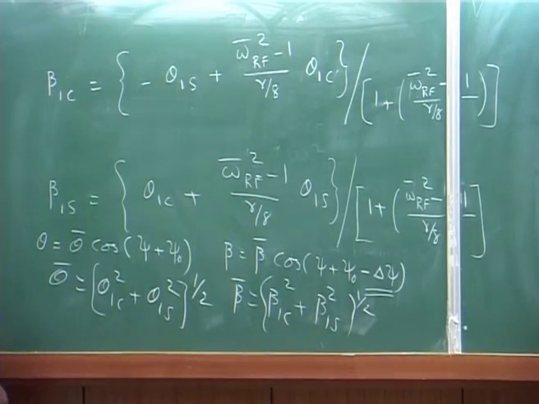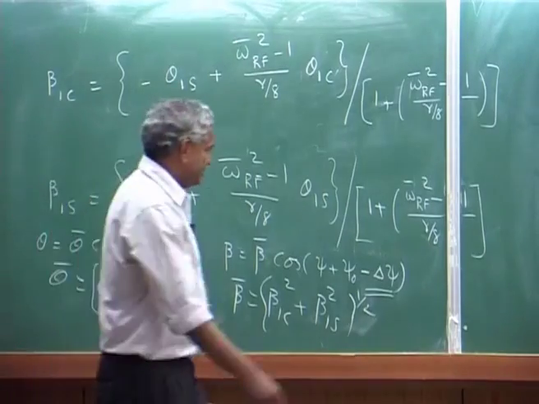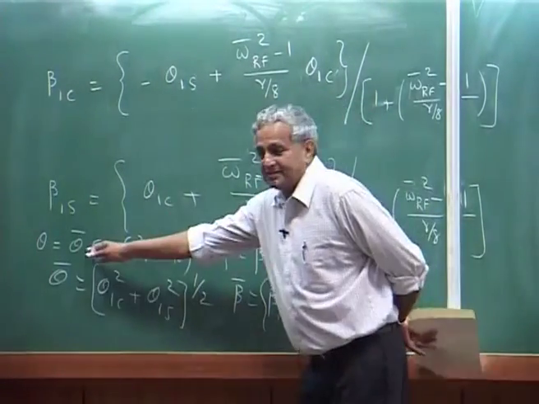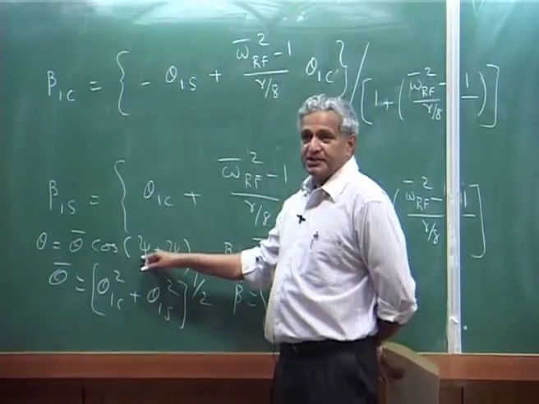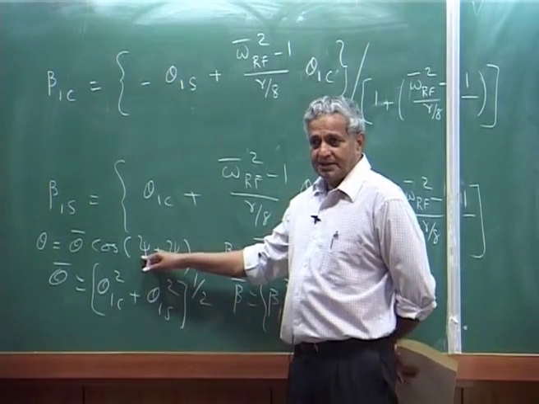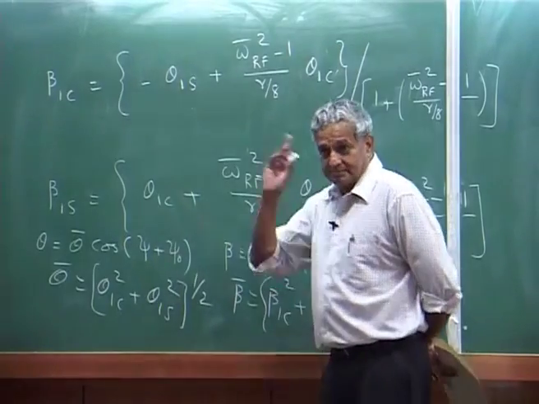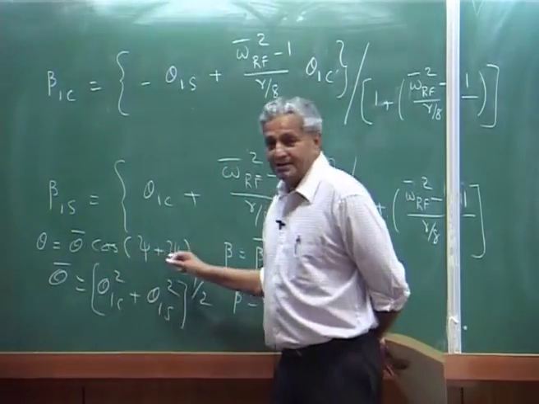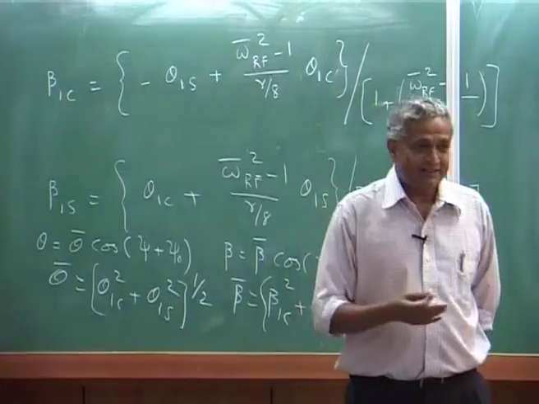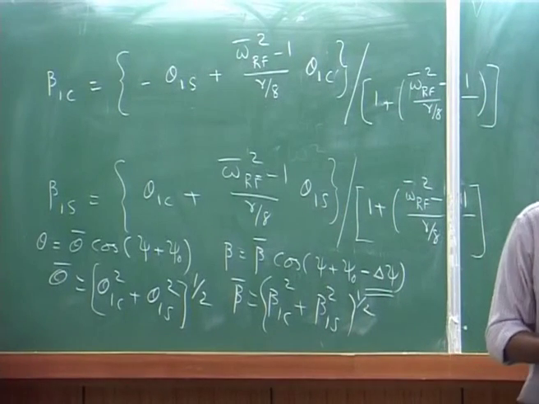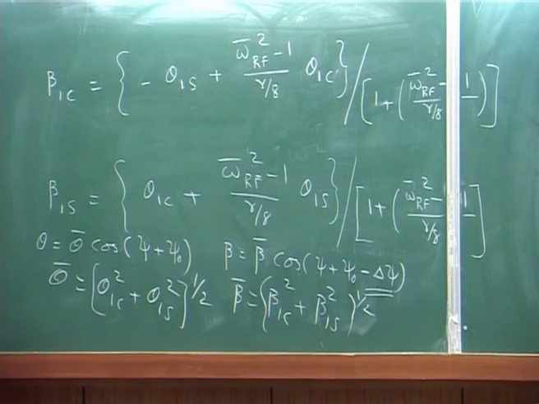That is basically the amplitude of your input, okay. Because you can see if you expand this theta bar cosine psi naught, cosine psi is time varying, that means theta bar cosine psi naught is basically theta 1c, okay, because psi naught is some number, okay.